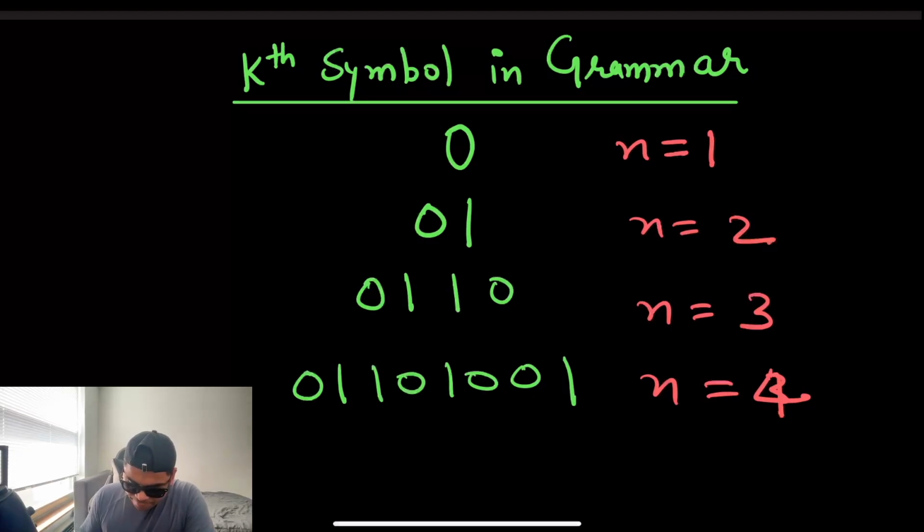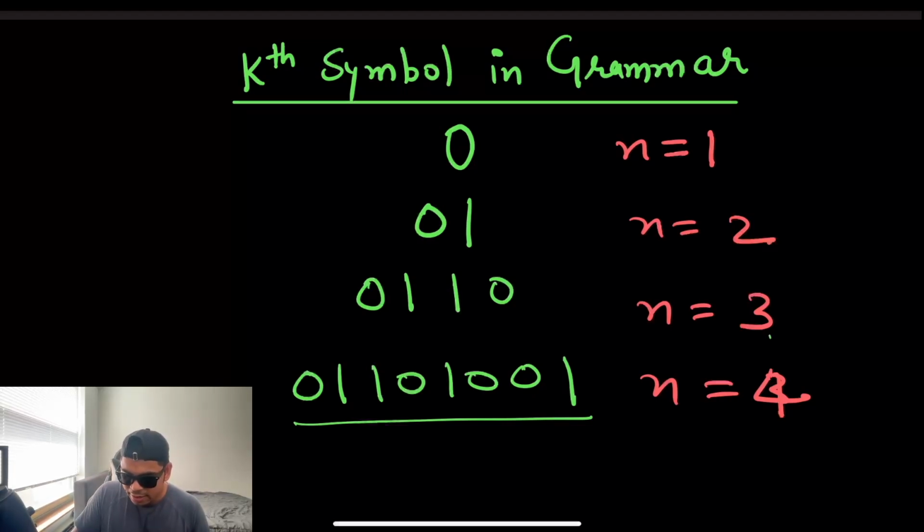So what's really happening? Can we see this pattern where our answer for the next n can be derived using the row for n minus 1?